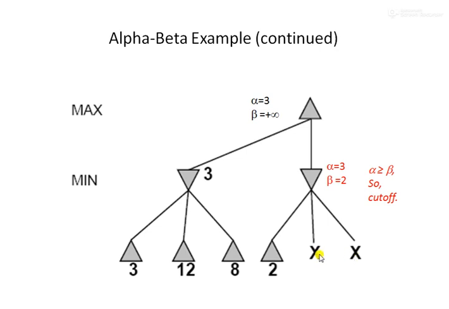Whatever the possible moves are here, we are not going to explore these branches because the value of alpha here is greater than beta. Okay, so cut off. There may be different branches here, right? Whatever the values are, all these branches are cut down. That means the computational cost is reduced here.